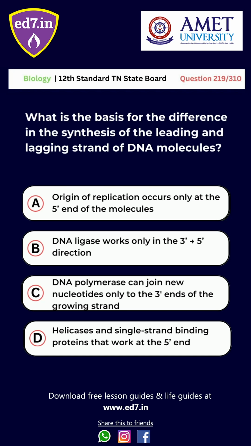C. DNA polymerase can join new nucleotides only to the 3' ends of the growing strand. D. Helicases and single strand binding proteins that work at 5' end. The answer is C. DNA polymerase can join new nucleotides only to the 3' ends of the growing strand.